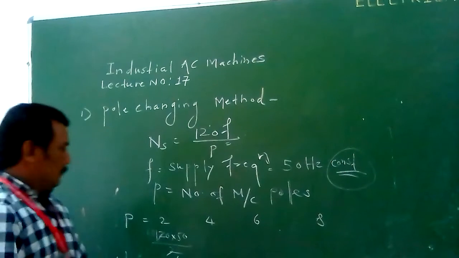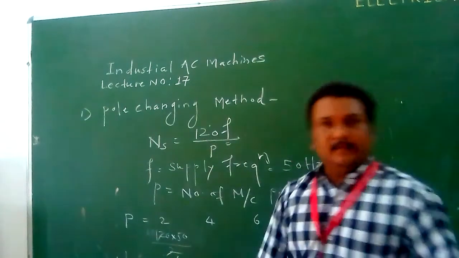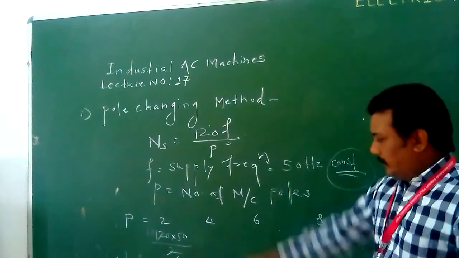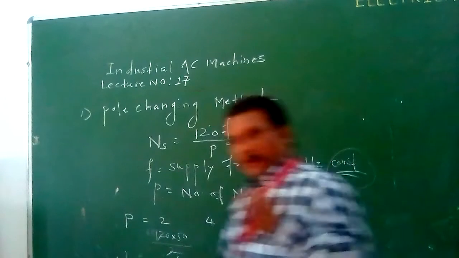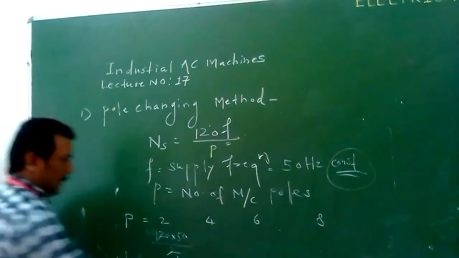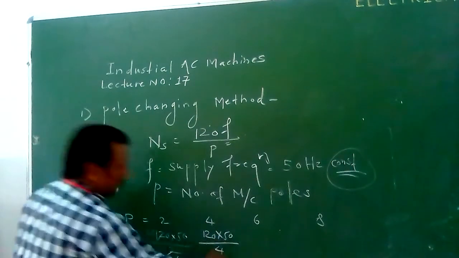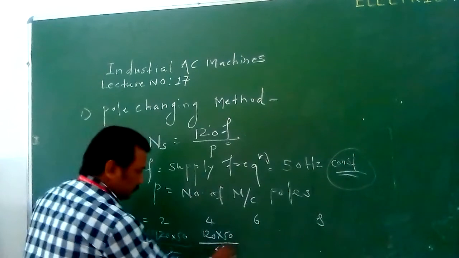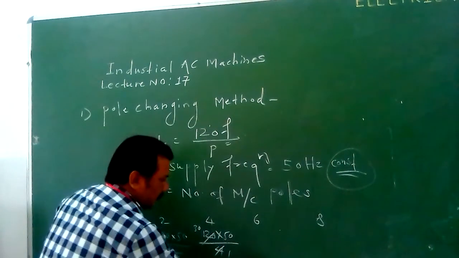With 4 poles, same way, 120 into 50 divided by 4, and simplifying this we get a synchronous speed of 1500 rpm.